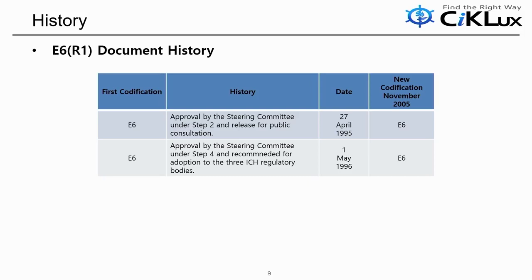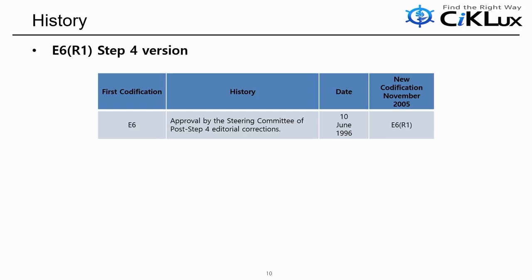And step 5 is the implementation and adoption by the ICH member countries. So by step 4, we can have the final version for implementation. As you can see here, step 4 was in 1996 for the E6. And 1 month later, it became R1.